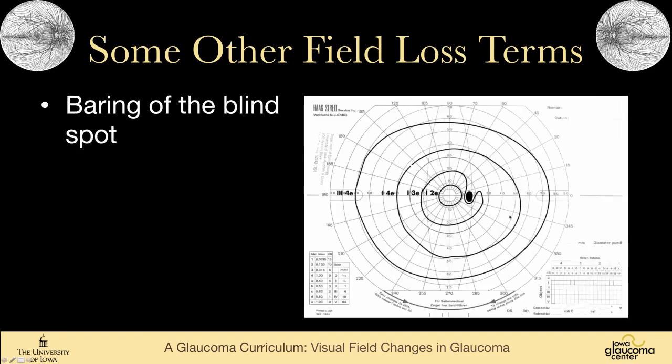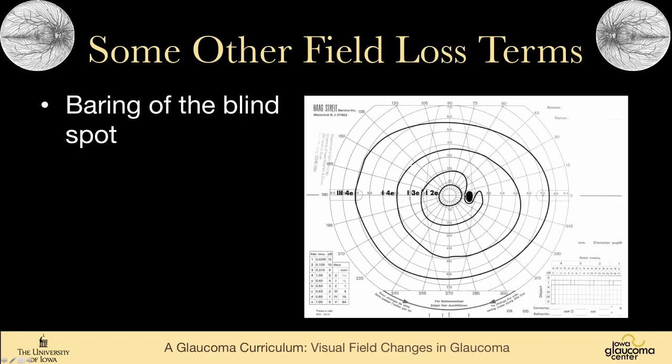We hear a lot about the term bearing of the blind spot, and that is a manual kinetic perimetry term and a relatively not helpful term. So this is not truly bearing of the blind spot. We would expect, since these isopters are horizontally oval, as they shrink for any reason with age or media opacity, that eventually the isopter will duck around the blind spot like this, and that's pretty normal.